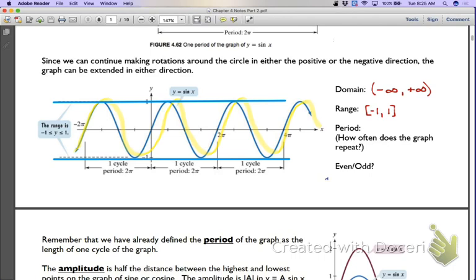Okay. The period then talks about, whenever we talk about a period of any trig function, how long until the thing starts to repeat. Well, hopefully it's fairly obvious that it's going to go from 0 here to 2 pi.